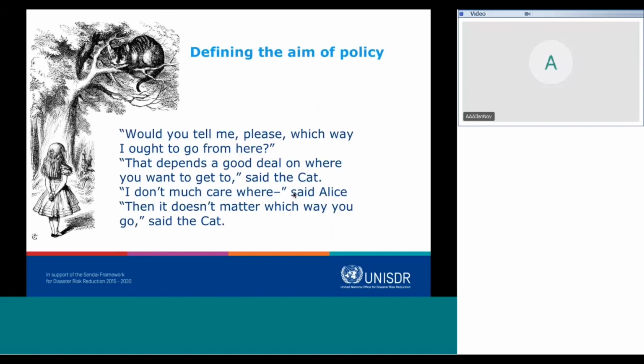loss of confidence. And last, we need to think about what is the aim of policy in the recovery period, what is a good recovery, and where do we want recovery to head. Occasionally, recovery doesn't necessarily mean going back to what it was before.